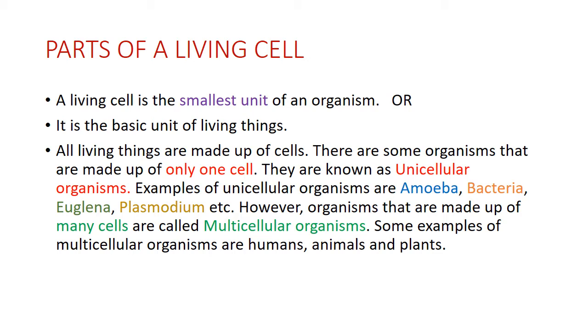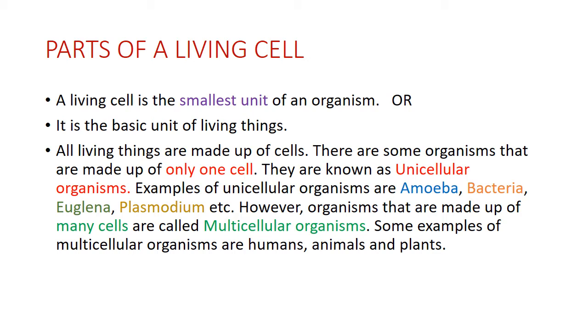Now let's know that there are some organisms that are made up of only one cell. You could imagine how tiny these organisms will be. They are just one cell, so we call them unicellular. Uni usually implies one. Unicellular, so one cell organism. Examples are amoeba, bacteria. That's why you can't see bacteria with your eyes. They are just one cell, very tiny.